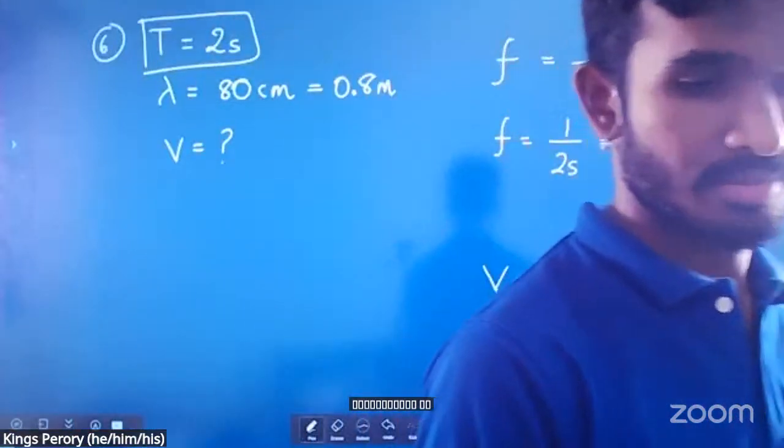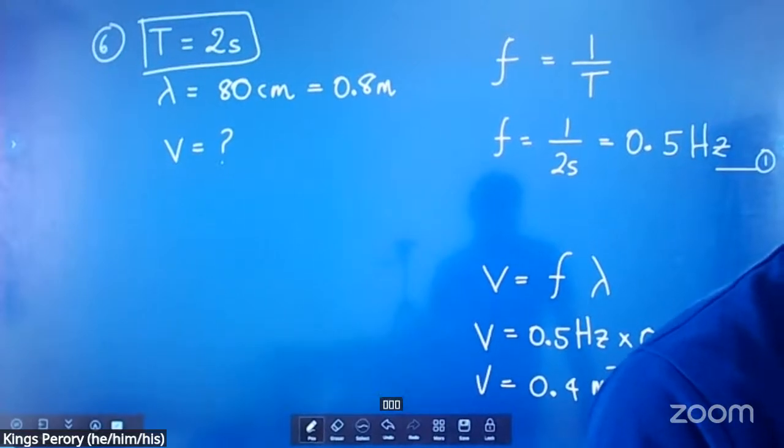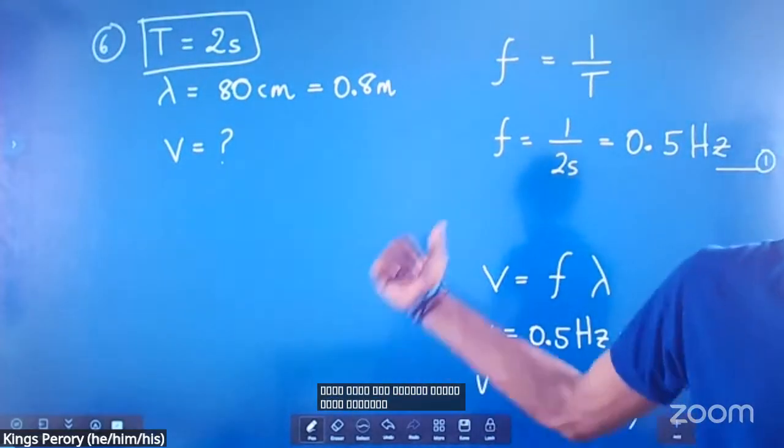Excuse me, sir. I have a doubt. Yes, what's the doubt? Sir, can we use this equation V equals lambda over period for this question? That's the same thing I have done.